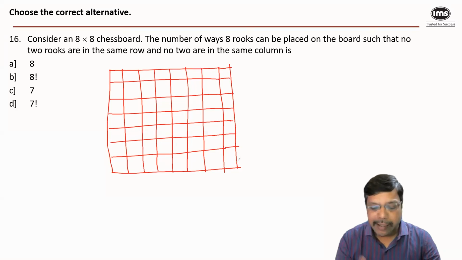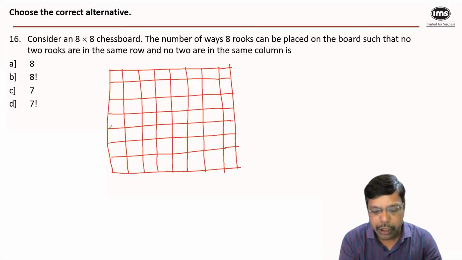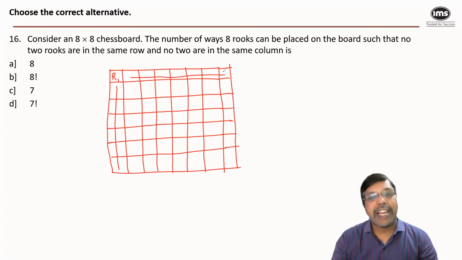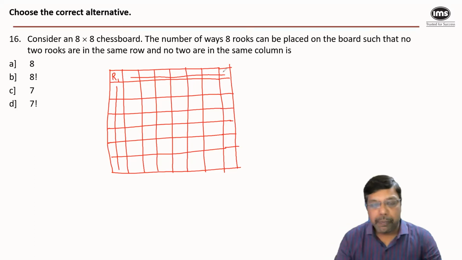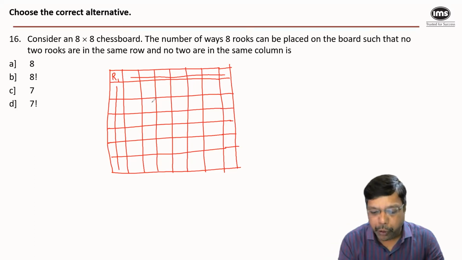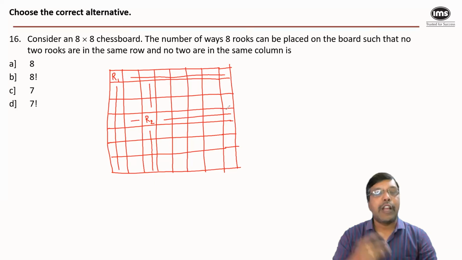Meaning, suppose if I put the first rook somewhere here, then this entire column and this entire row cannot be used again for any other rook. Similarly, if I put, let's say, the second rook here, then this particular column and this particular row cannot be used for any other rooks.